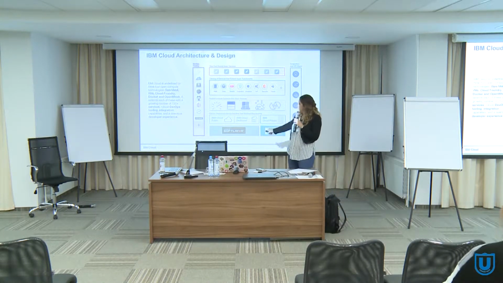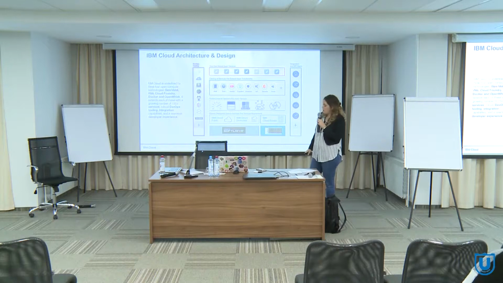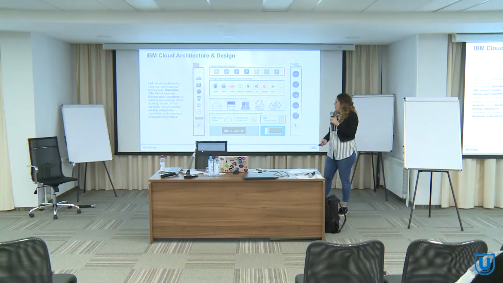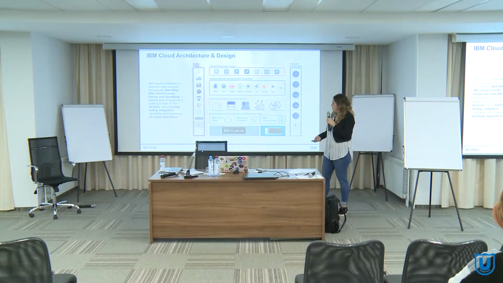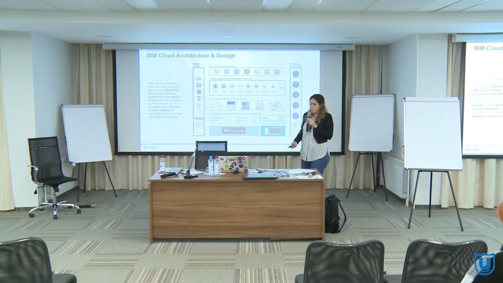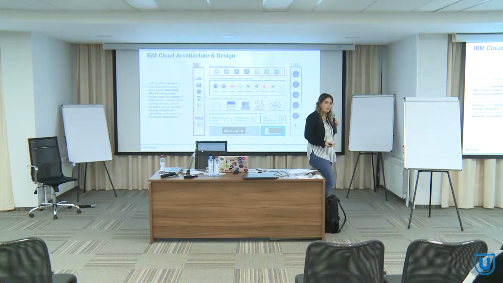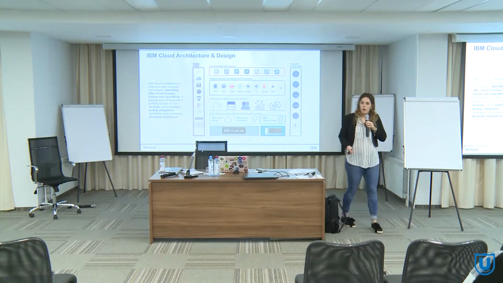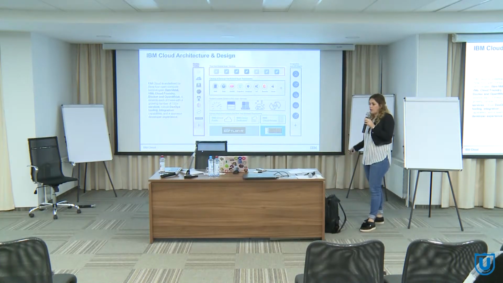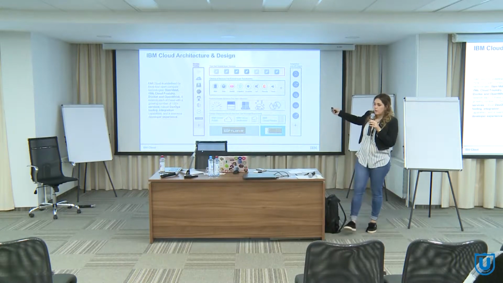On the left side, you see that you have different DevOps and what we call developer options. You can use the DevOps tooling to manage the life cycle of your application, do task tracking, task issues, but also versioning. You have Git integrated with that.